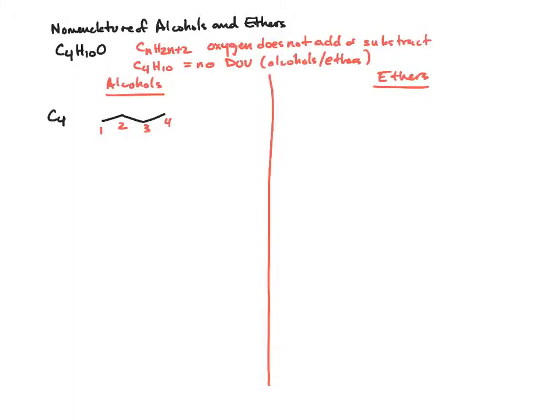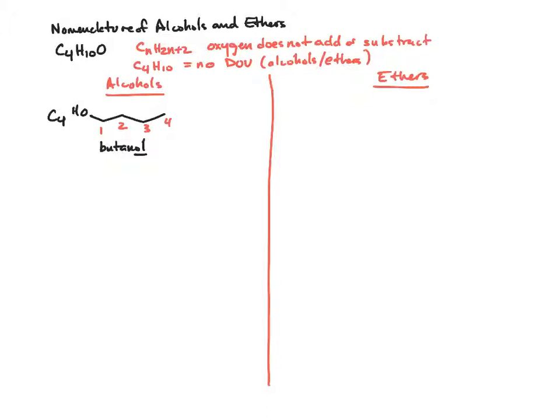And let's go ahead and put the OH at position 1. So we have a butane chain and it's an alcohol, so this would be butanol. So we're taking the ANE, removing the E from there and adding OL to get the alcohol.